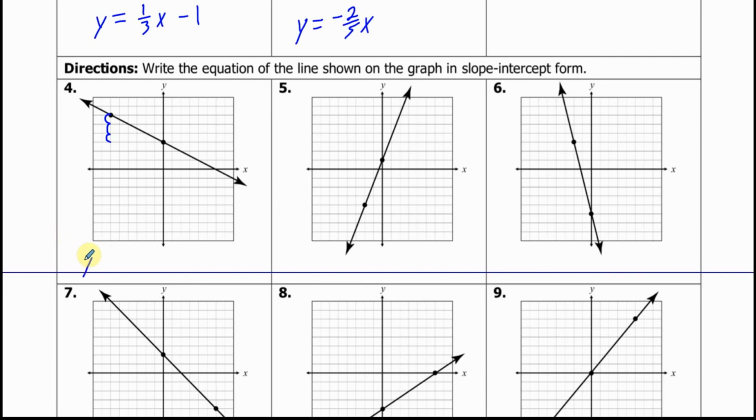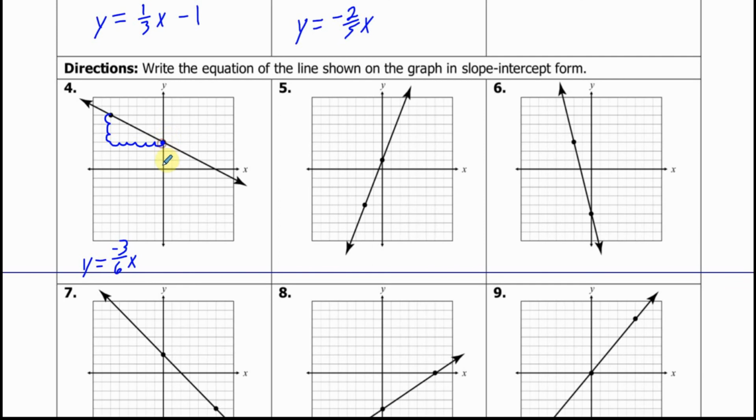So my equation is going to be y equals negative 3 over, remember it's rise over run, it went down 3. And then 1, 2, 3, 4, 5, 6. Negative 3/6 x.